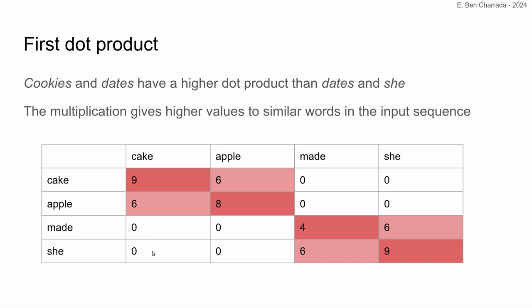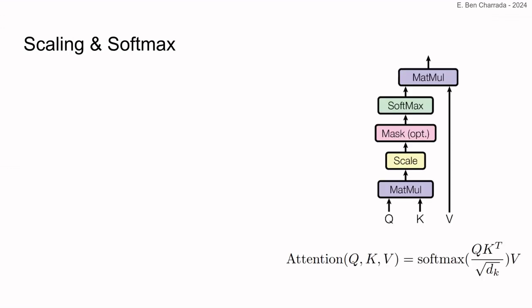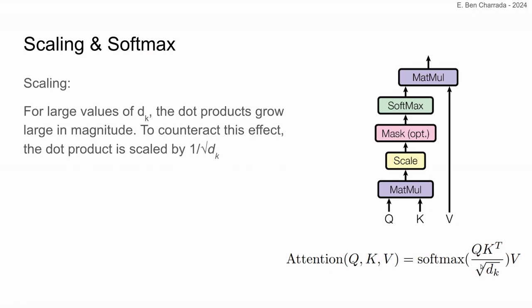Okay, now after the first dot product, we said we will divide by the square root of the number of dimensions. This is because the dot product can grow too large, since we have many dimensions in our vectors, usually not only 3, but hundreds of dimensions.